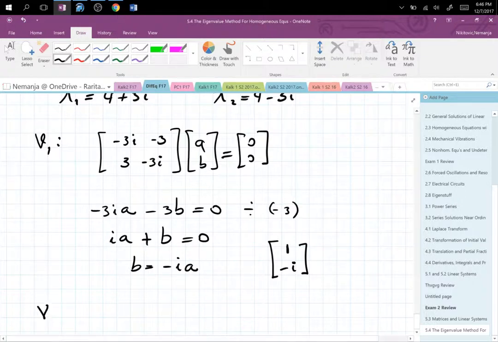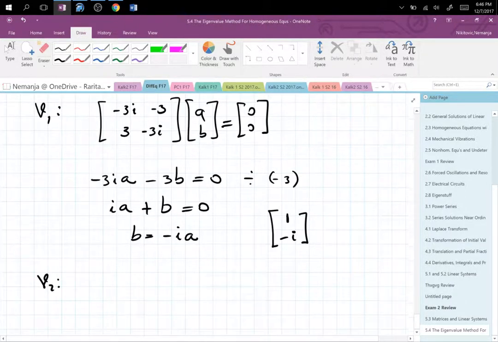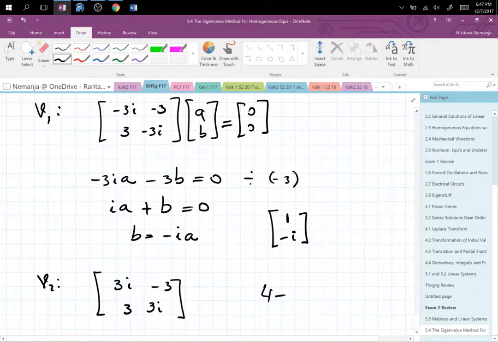Now vector v2 is going to have 3i, negative 3, 3, and then 3i, right? You have 4 minus 3i. So these cancel, minus and minus gives you plus, so both are this.